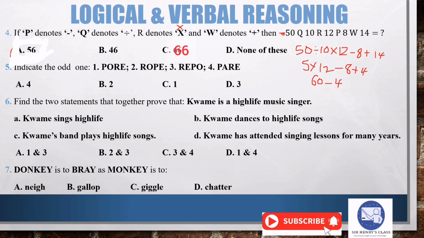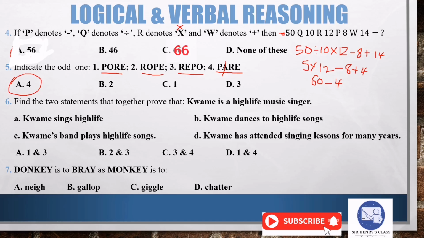P-O-R-E, we have pore. This same word has been written as R-O-P-E, rope. Then R-E-P-O, the same word. But looking at this, there is something odd here. A is not in any of the words from number 1 to number 3. So clearly, number 4 is the odd one out.